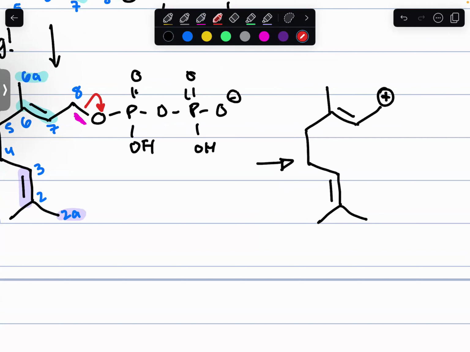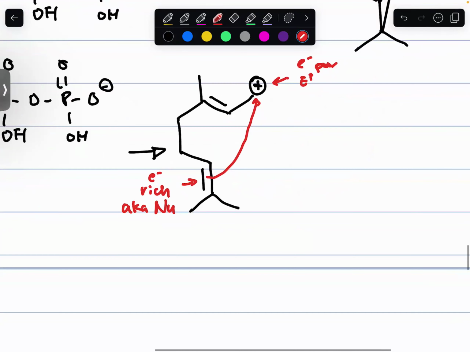Rich. So our electron rich, aka nucleophile, is going to attack our electron poor carbon. So that's going to go there. And we are going to make our 6-membered ring.